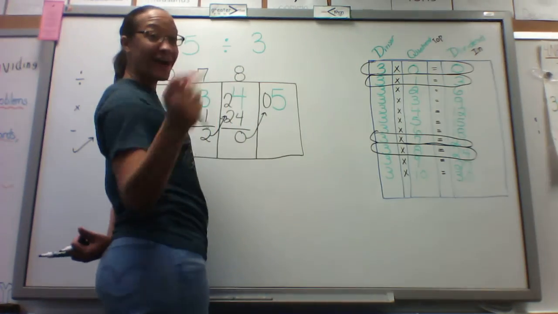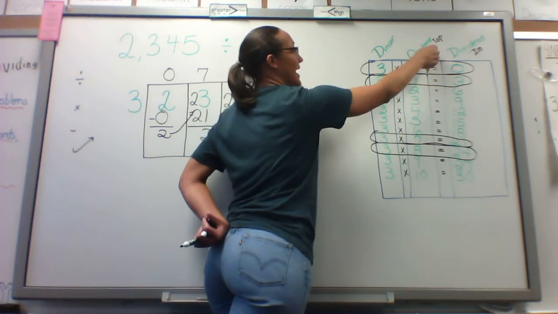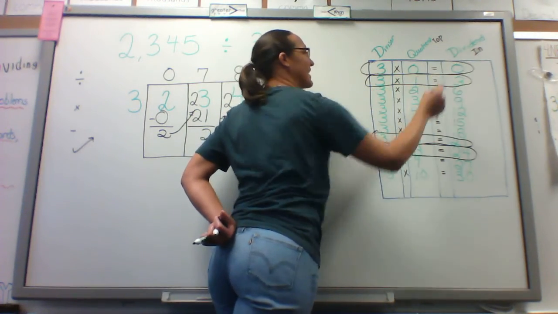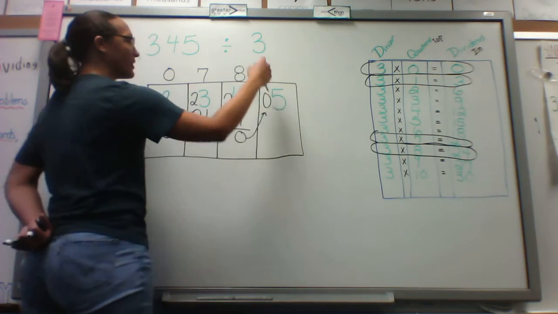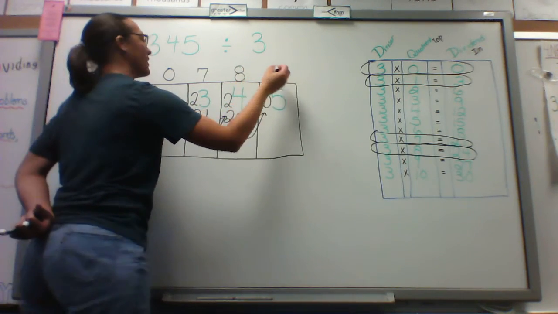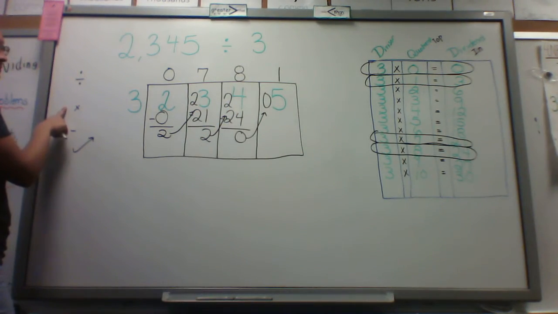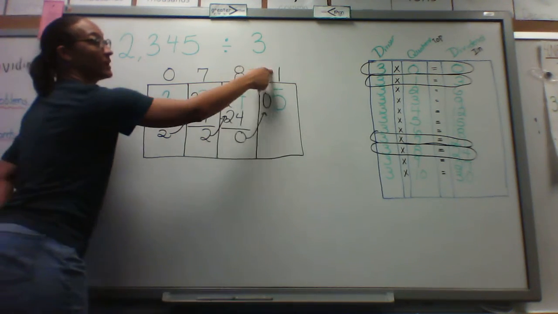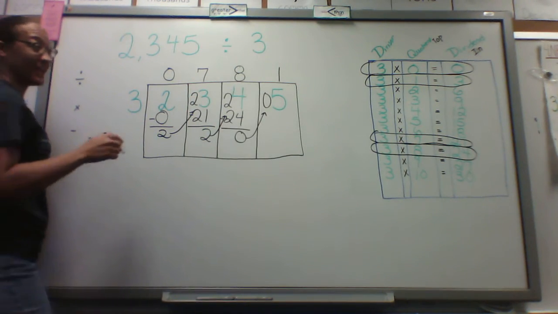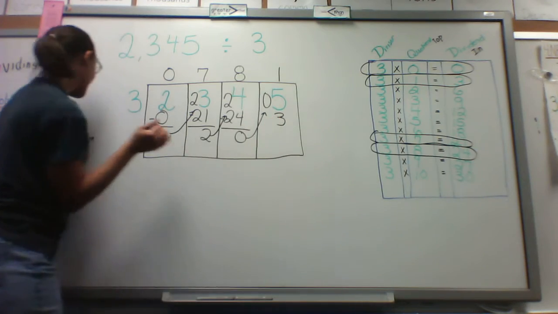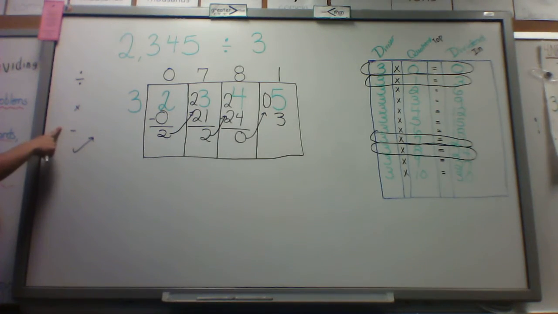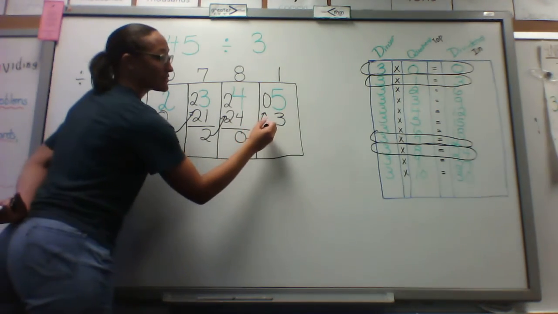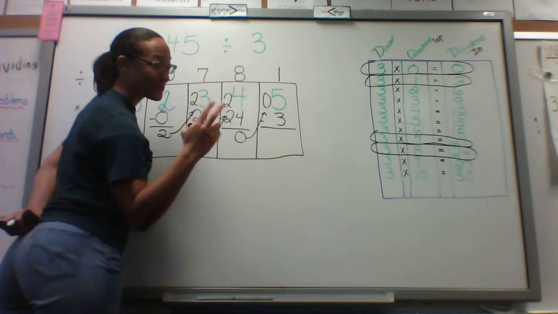Okay? I automatically know which number goes on top and which number goes on the inside. Let's go. Our top number as our quotient is going to be 1. After I divide, I get to multiply. 3 times 1 is 3. After I multiply, I subtract. So 5 minus 3 is 2.